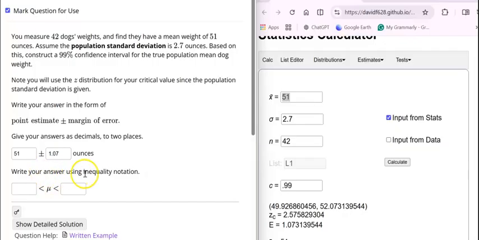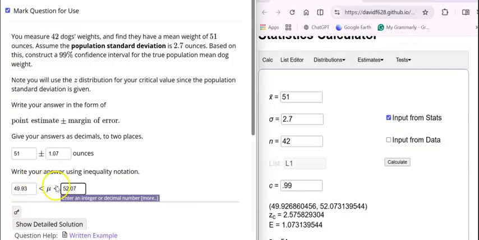And then for the inequality notation, the first number represents the lower bound, which is going to be 49.93, if you round it to two decimal places, and 52.07 as the upper bound.